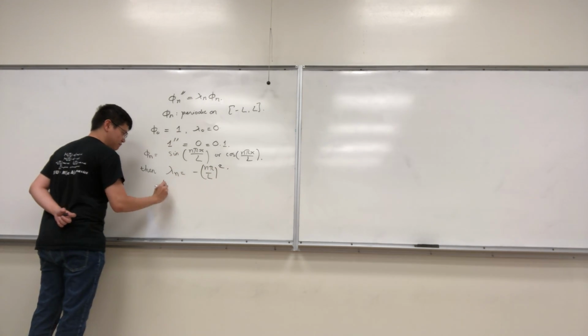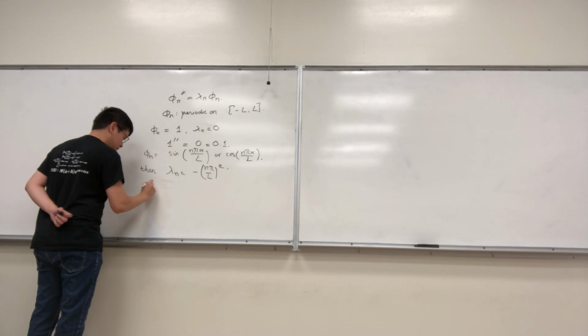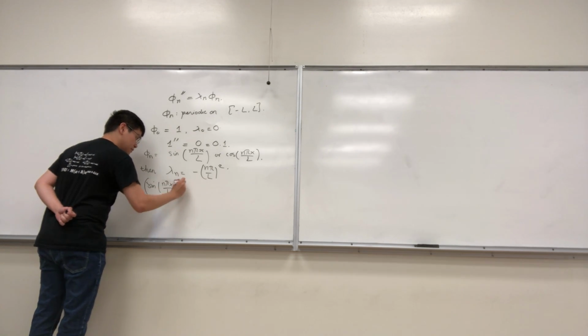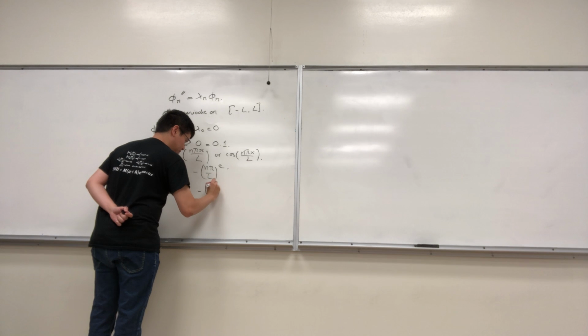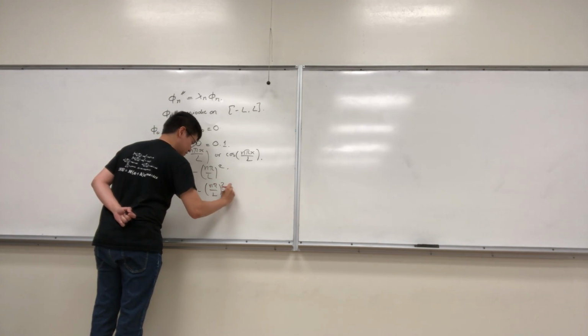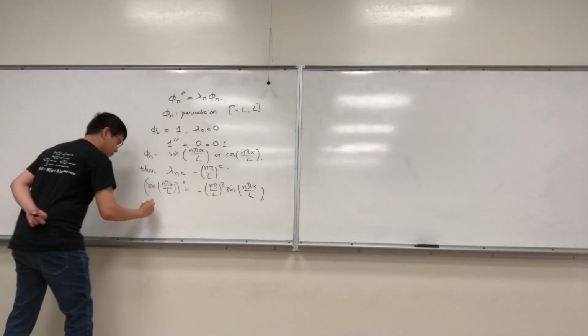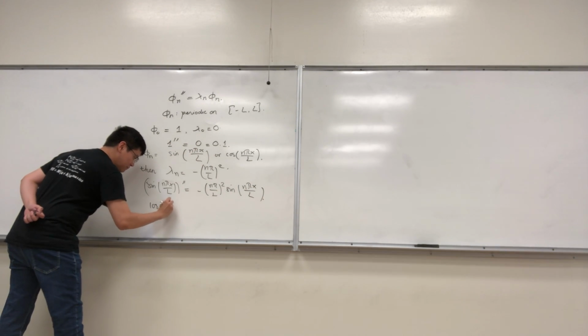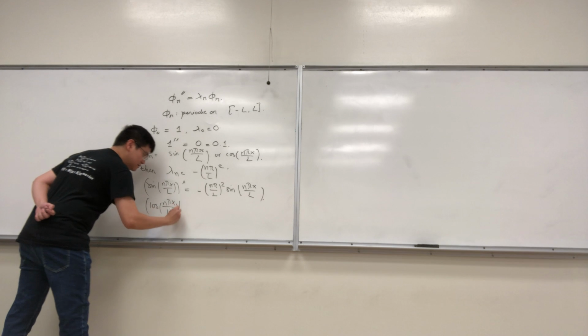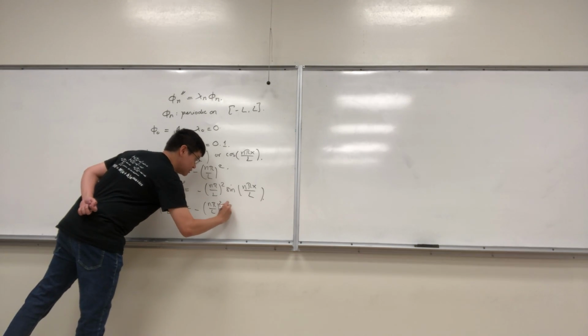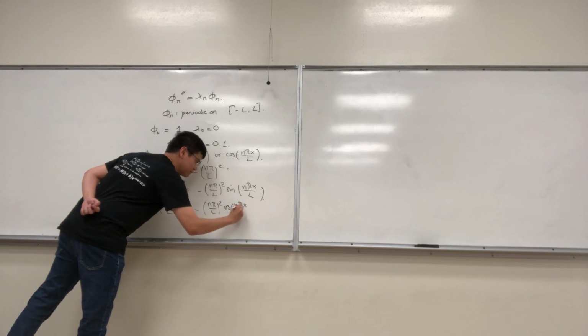In this case, the second derivative of sine of n pi x over L is minus (n pi over L) squared times sine of n pi x over L, and the second derivative of cosine of n pi x over L is minus (n pi over L) squared times cosine of n pi x over L.